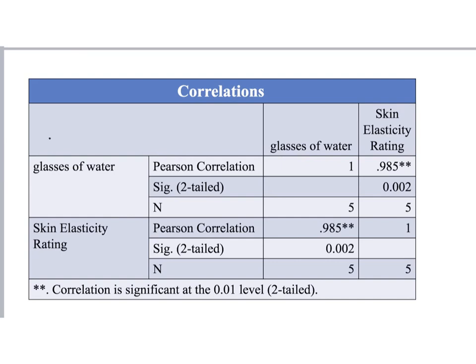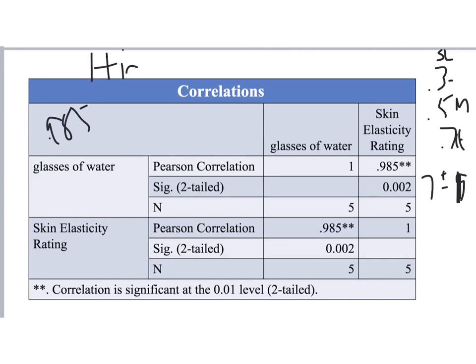So we know the correlation is 0.985. Remember, if we stay on that line of 3, 5, and 7, meaning 0.3, 0.5, and 0.7, this would be slight, this would be moderate, and this would be high. So we're between 0.7 and a perfect correlation, so this is a high correlation.